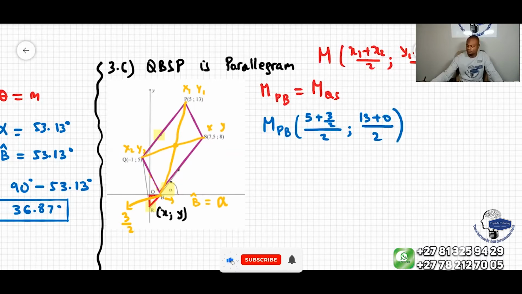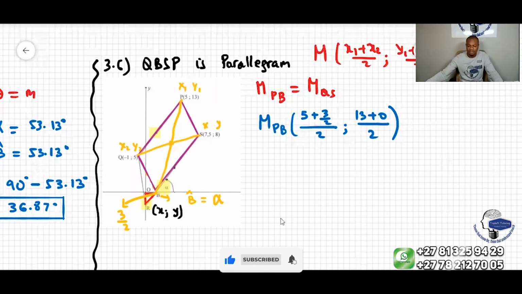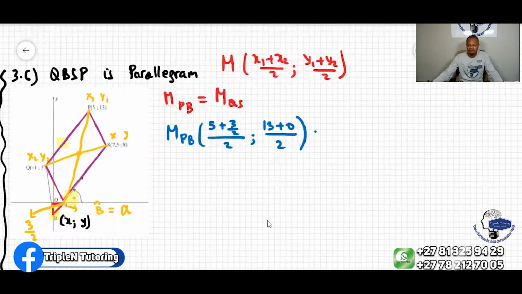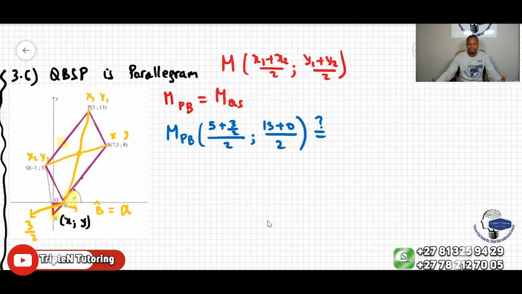Now this must be the same if it is a parallelogram. We cannot just say it is a parallelogram because it looks like one; we say so only when we prove it.